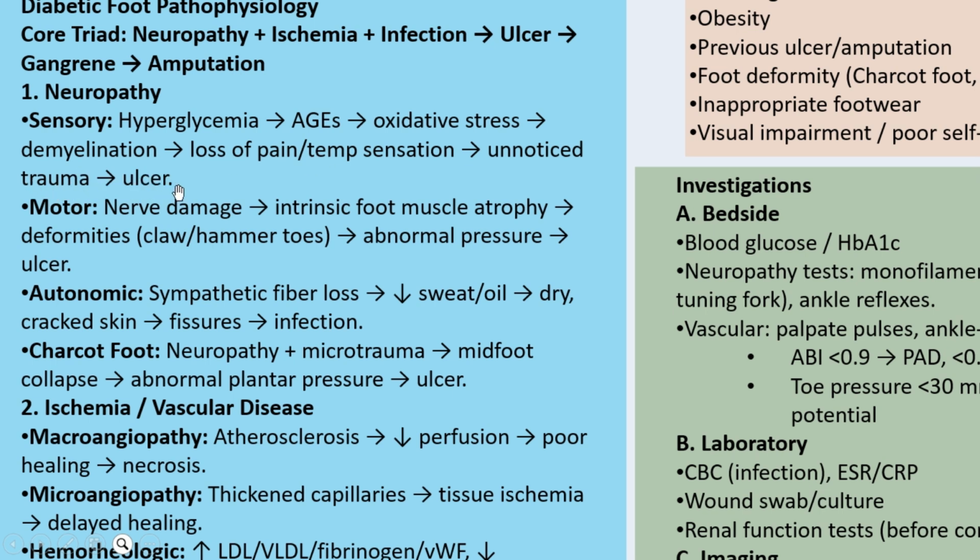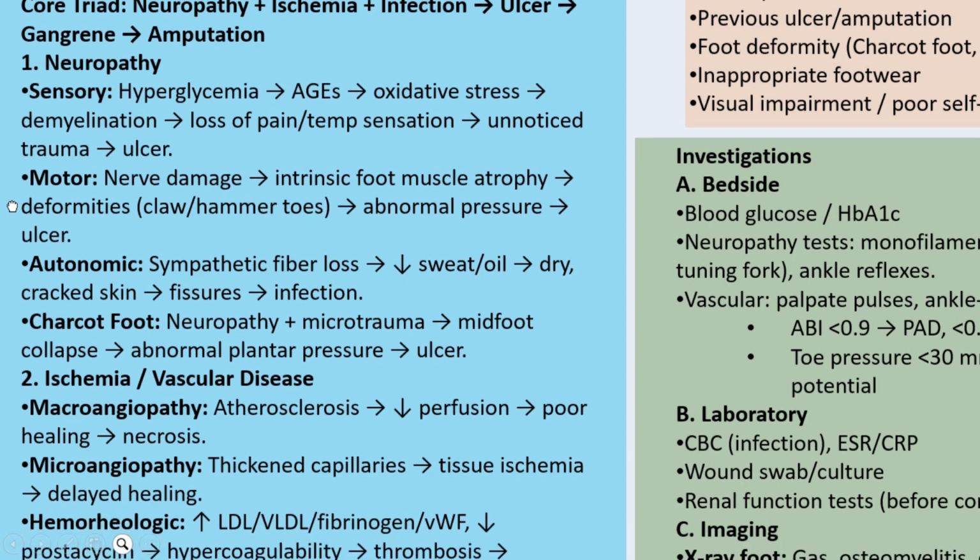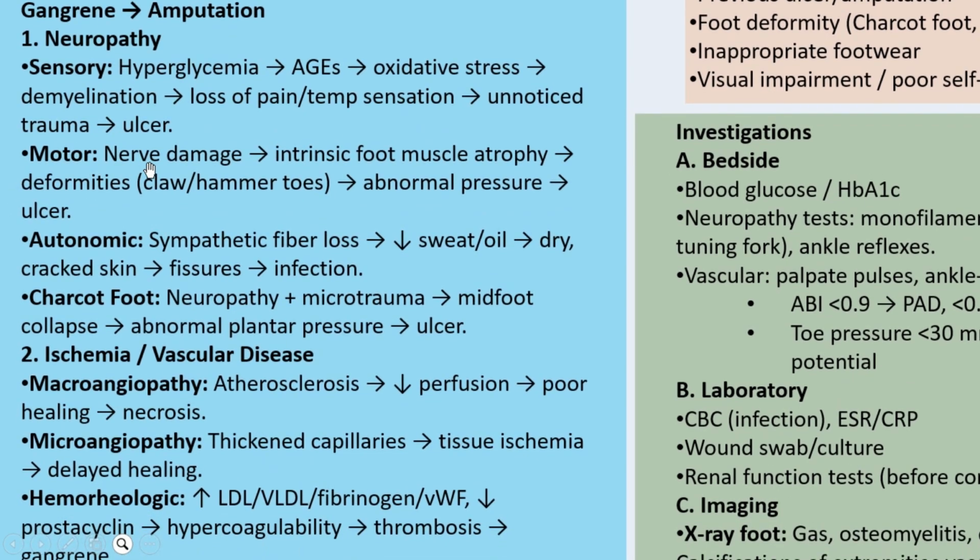lead to ulcers. Then we have the motor nerve damage, where we have nerve damage that leads to intrinsic foot muscle atrophy, because we all know that if a muscle loses its innervation, it is going to atrophy, and that is going to lead to deformities.